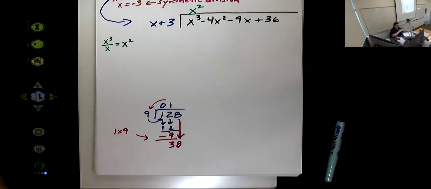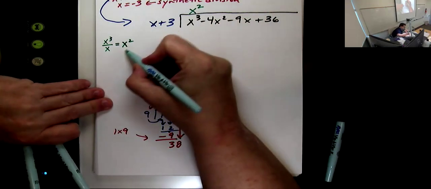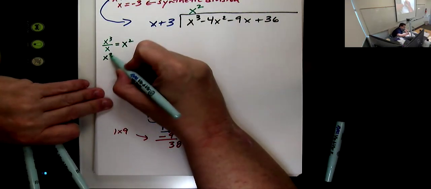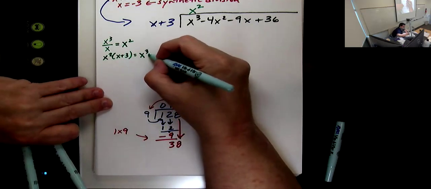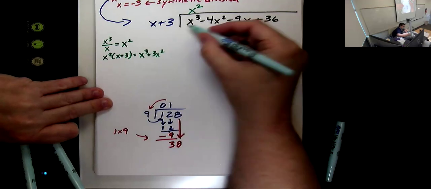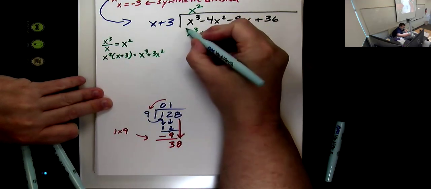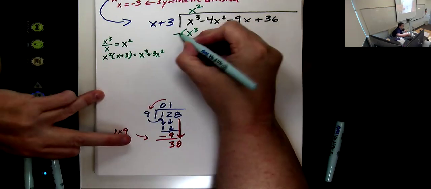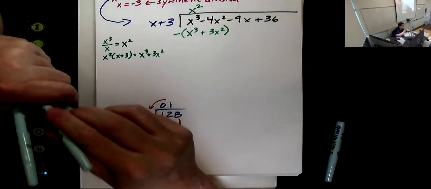Go to a long division, right? Yes. All right, so we're gonna do the same thing here. I'm gonna take this X squared and multiply it times X plus 3, the whole thing out front. And I get X cubed plus 3X squared. And like we did down here, we subtract it. Identical procedure.